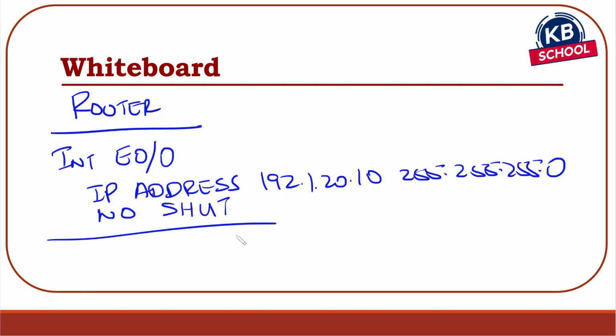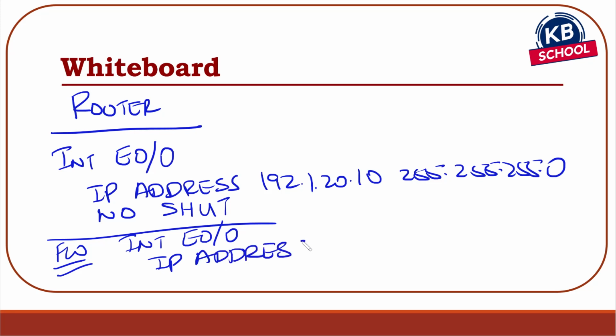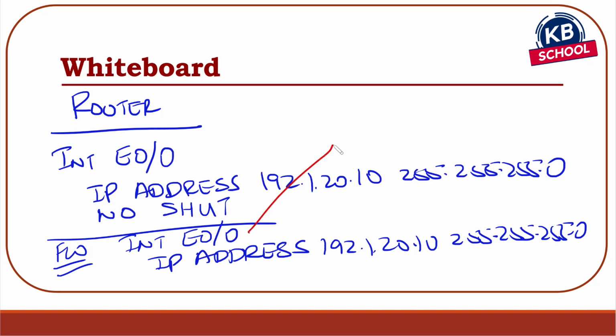Now on the firewall, the same thing is done a little different. You do need to assign it an IP address. So if this same address was to be assigned on a firewall, you would do the same command. But besides the IP address, there's two additional components that you need to configure on an interface on an ASA firewall.